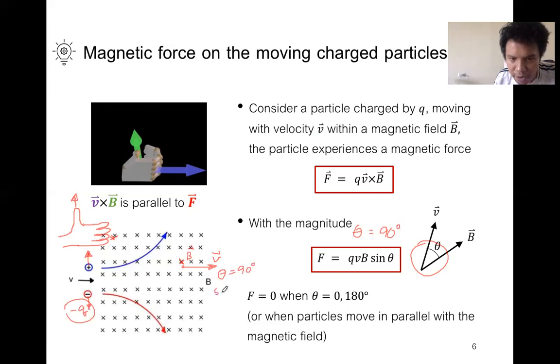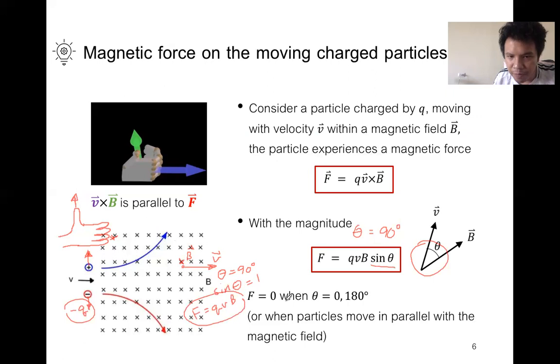When making the right angle, sine theta becomes 1, and the magnitude of the force becomes just qvB. This is what we get in this case on the left hand side. But if theta is not 90 degrees, we need to use this formula.